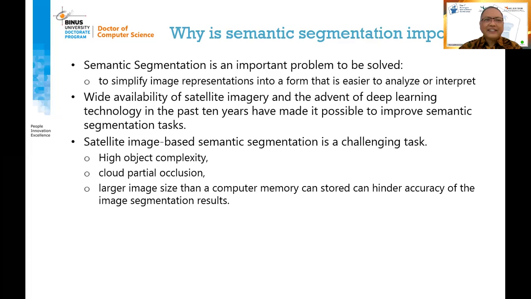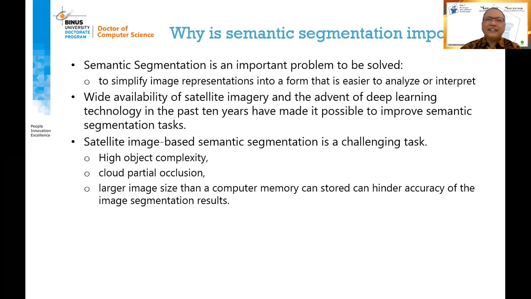However, satellite image-based semantic segmentation is not an easy problem to solve, because there are some challenges to be handled by researchers, including high object complexity and partial cloud occlusion, which makes objects sometimes partially unclear, and image sizes larger than the computer memory can store, which can hinder the accuracy of the segmentation result.